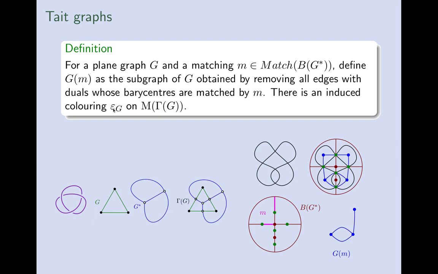And the obvious coloring that we're considering here is induced by the colorings of G and G star, so in white and black respectively. For this, note that each, let's say, black vertex here will be connected only to gray vertices, while all the whites will be connected again only to gray vertices.